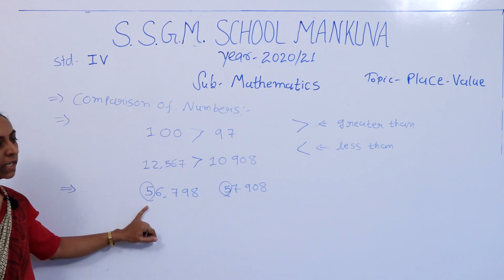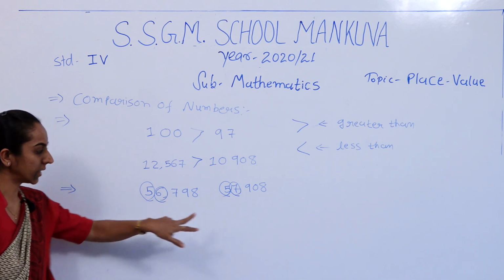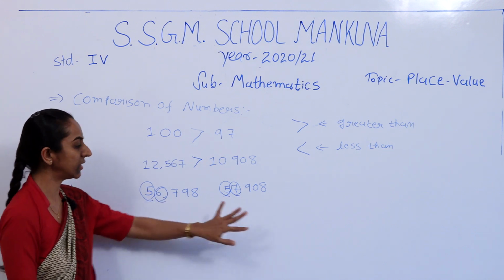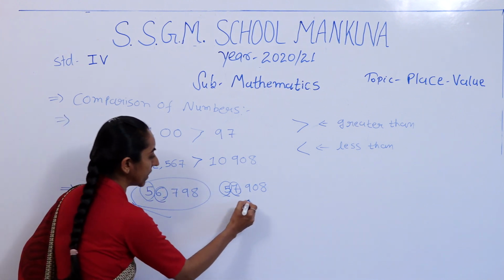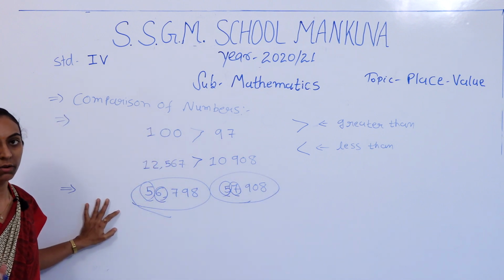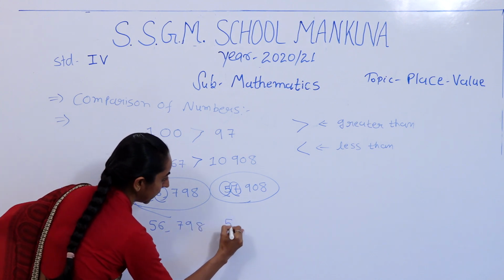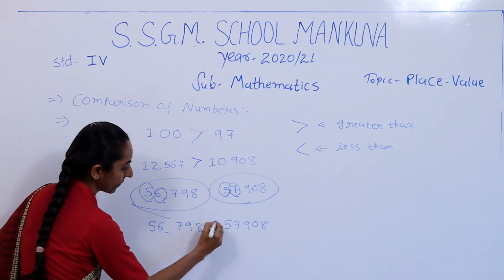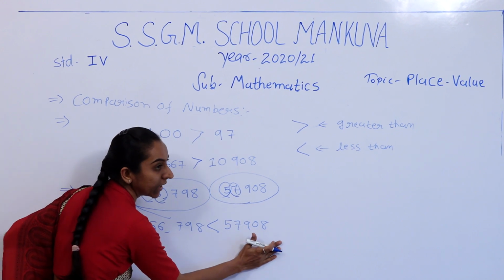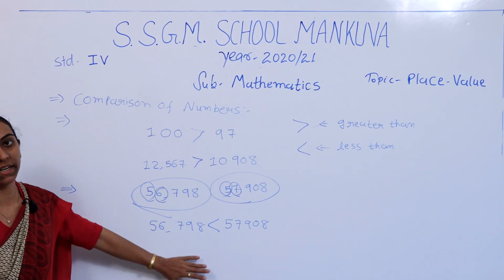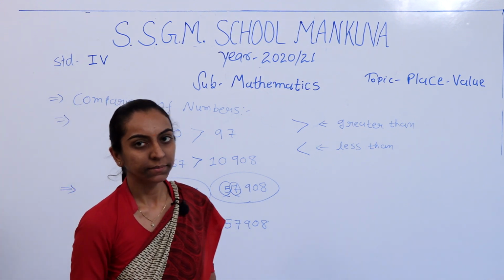Now we see the next digit, 6 and 7. 7 is greater than 6. मीन्स के 7 है वो 6 से बड़ा है. मीन्स 56,798 से 57,908 है वो बड़ा है। दैट मीन्स हम साइन लगाएंगे लेस देन की। लेस देन मीन्स के 57,908 है वो 56,798 से बड़ा है, तो we use the less than sign.